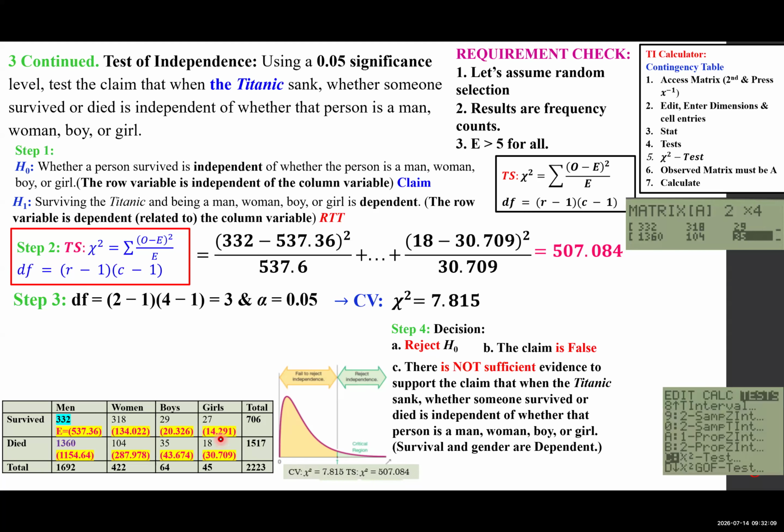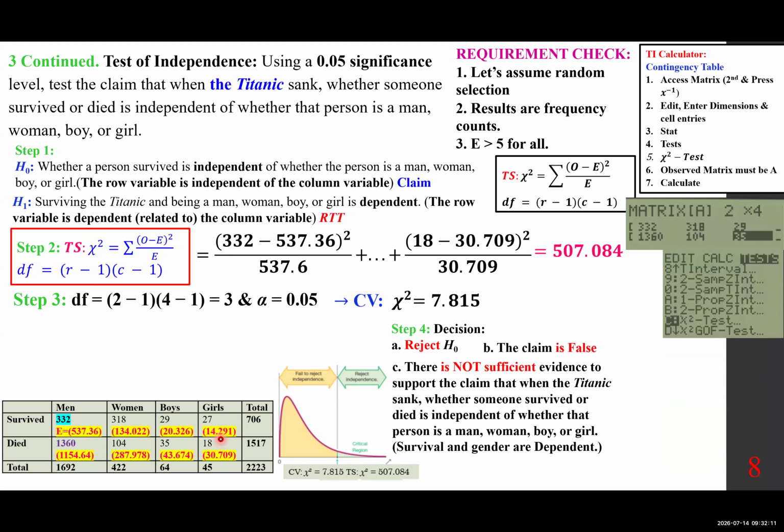So what happens? We're going to run the test. This is a chi-squared test. We choose the chi-squared test. The observed value is A, the expected value is B. This is what they choose automatically. Make sure that it mentions A, this is the one which will be used.